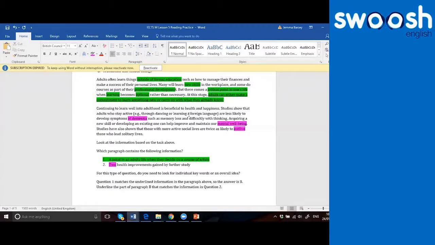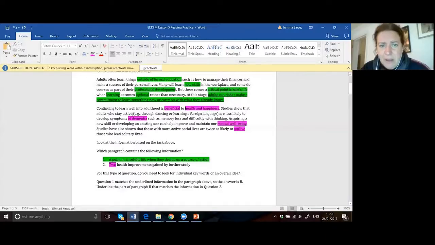But if you've done your summary, you'll have put beneficial, health and happiness, less likely, develop, improve mental well-being.